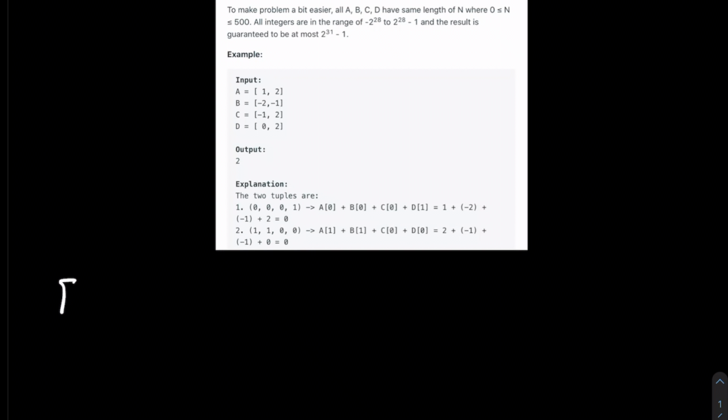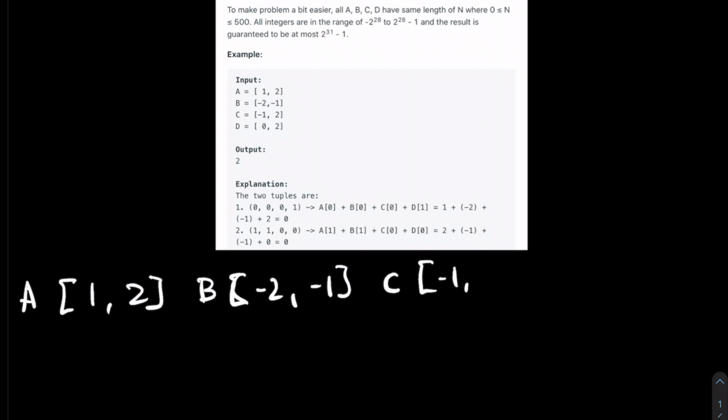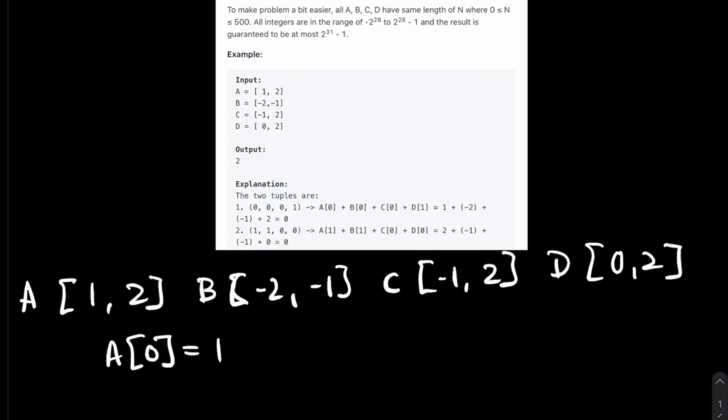So if we have 1, 2 as part of A, and then B is -2, -1, C is -1, 2, and D is 0, 2. They're saying that the value of A of 0, otherwise known as 1, the value of B of 0, which is -2, C of 0, which is -1, and D of 1, which is 2.